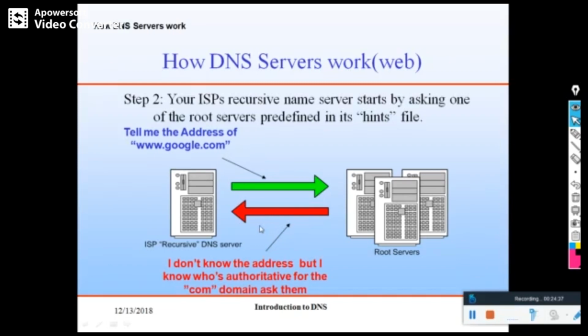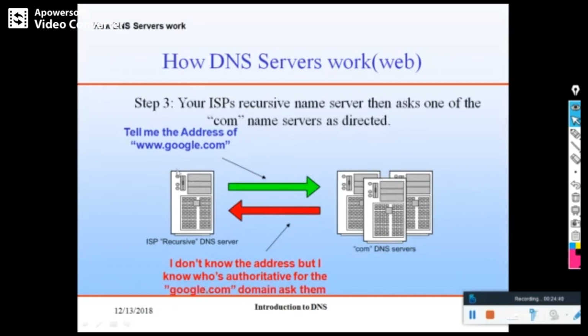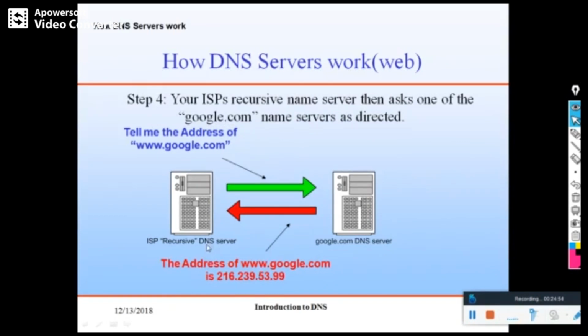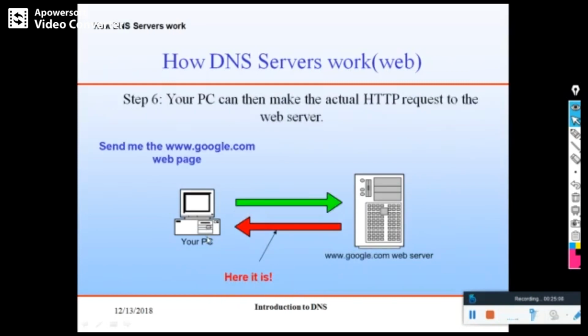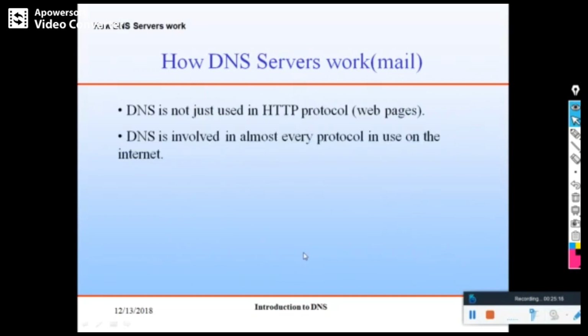Ask them. Now my ISP will contact the authority for com DNS servers, which says, I don't know the address, but I know who is the authority for the google.com domain. Ask them. Now the ISP will ask the google.com DNS server, what is the address of www.google.com? It says the address of www.google.com is this one. Now my PC will contact www.google.com by using port number 80, HTTP protocol. In this way it is resolved.